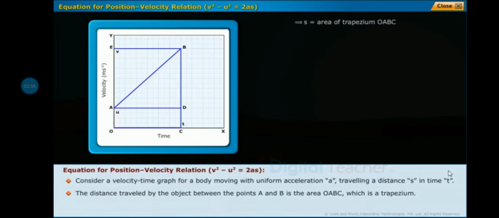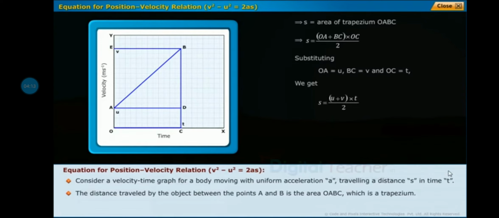This implies s is equal to area of trapezium OABC. This implies s is equal to OA plus BC into OC by 2. Substituting OA is equal to u, BC is equal to v and OC is equal to t, we get s is equal to u plus v into t by 2.